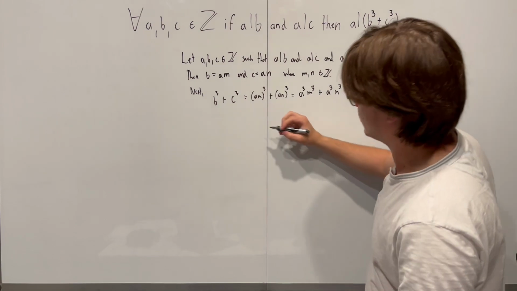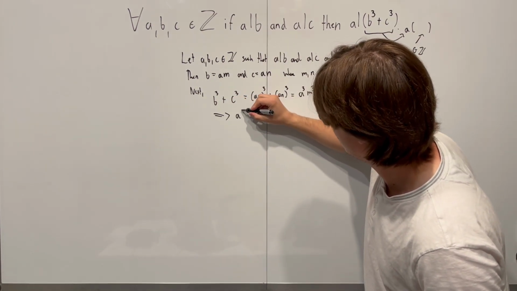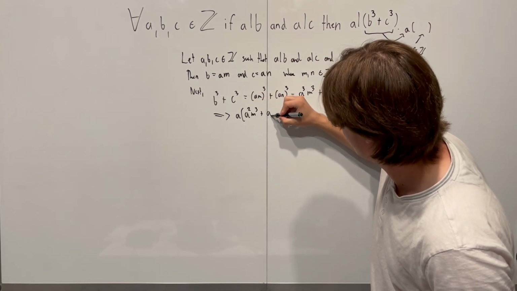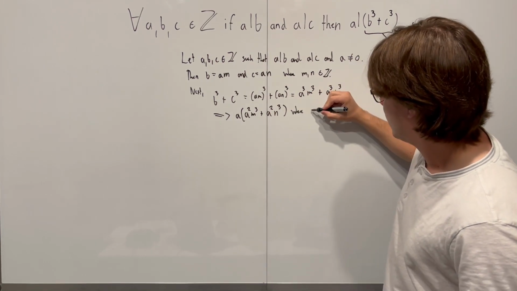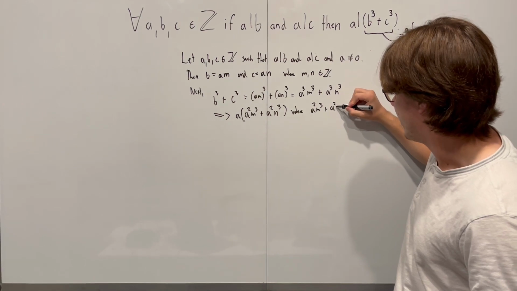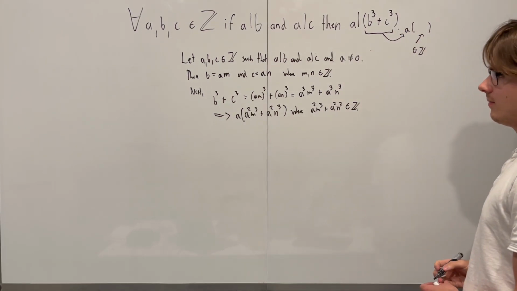So let's go with that for this one. We could say this is the same as saying a multiplied by (a²m³ plus a²n³), where a²m³ plus a²n³ is in fact an integer.